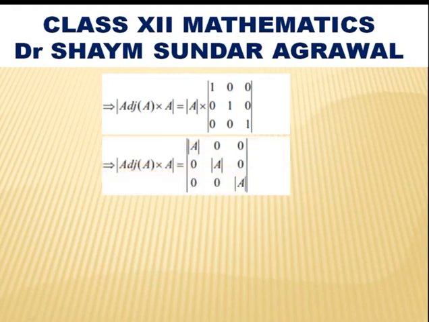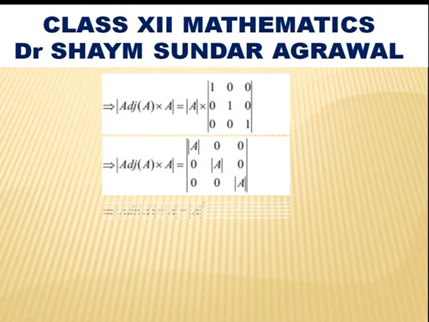When we multiply by the determinant of A, it becomes determinant of A 0 0, 0 determinant of A 0, 0 0 determinant of A, which is a diagonal matrix. Its determinant is for a diagonal matrix containing only 3 elements, the main diagonal elements determinant A, determinant A, determinant A.